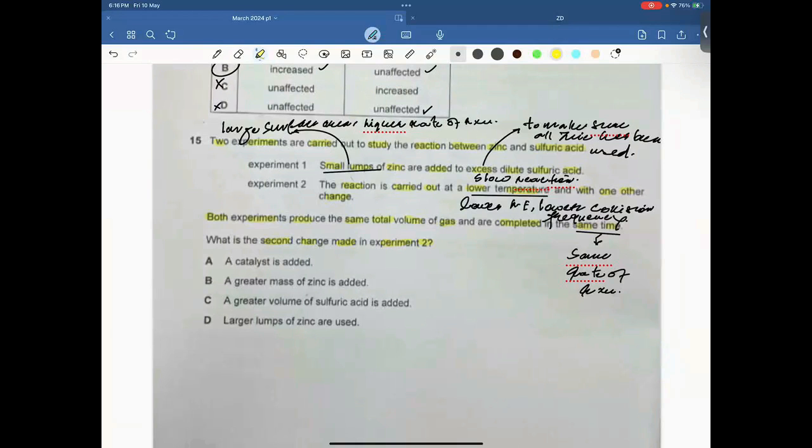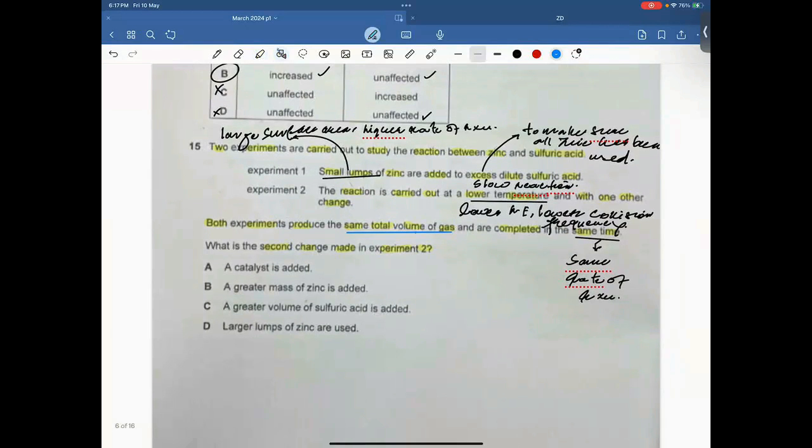If I'm getting the same total volume, which means the amount in both the experiments would be the same.